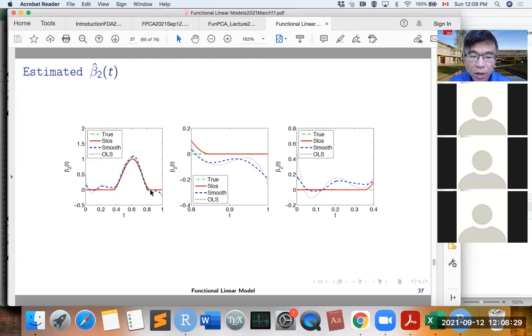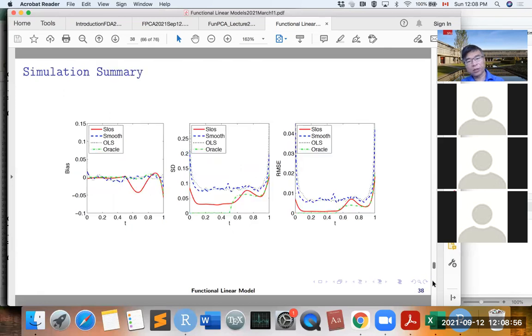For our SLoSS estimator, we are able to identify that this function is strictly 0, generally accurately, in the zero regions. It is only a little bit non-zero when it connects to the non-zero regions, because we want this function to be smooth. When it's smooth, it will force this function to go up a little bit.